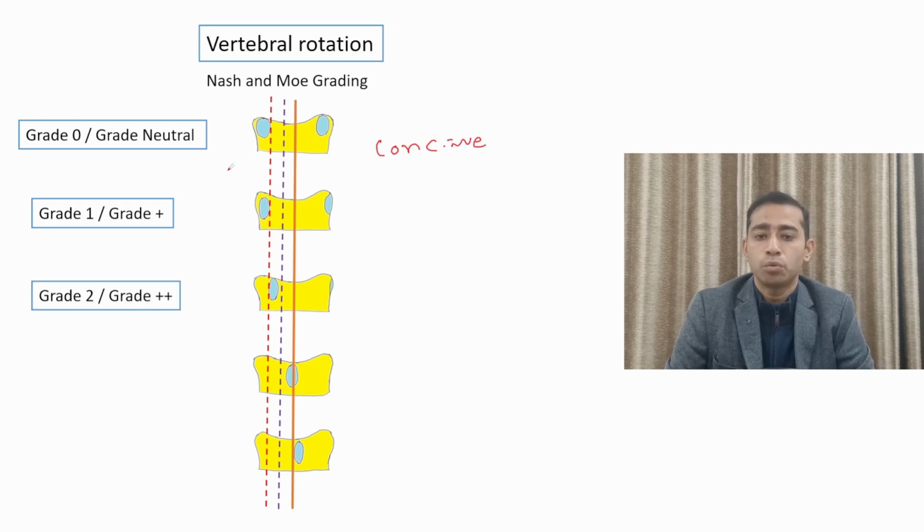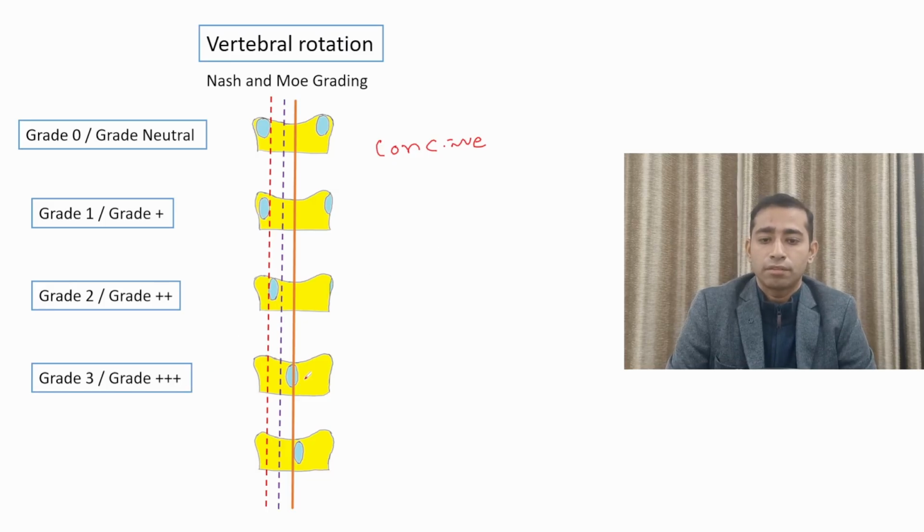In grade 2, the convex pedicle has come into the second segment and the concave pedicle has almost disappeared. In grade 3, the convex pedicle has come into the third segment, and the concave pedicle has completely disappeared. And in grade 4, the convex pedicle has crossed the midline.